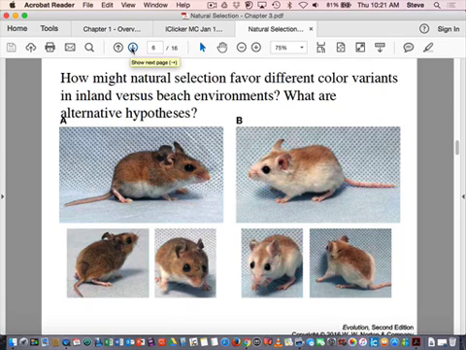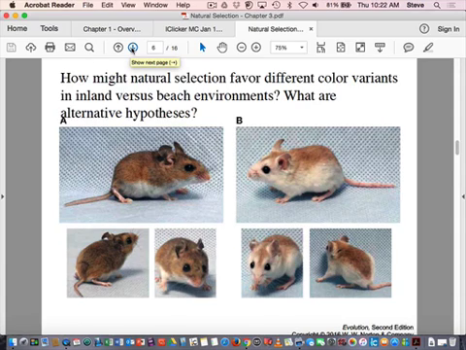Yep. So I would say a really good alternative hypothesis is, in those sandy beach environments, which one of those do you think is going to heat up faster? Yeah. So I think, and I'm not sure, I haven't kept up with the literature, I'm not sure she's addressed that hypothesis, but I assume she has. But that might be an option.